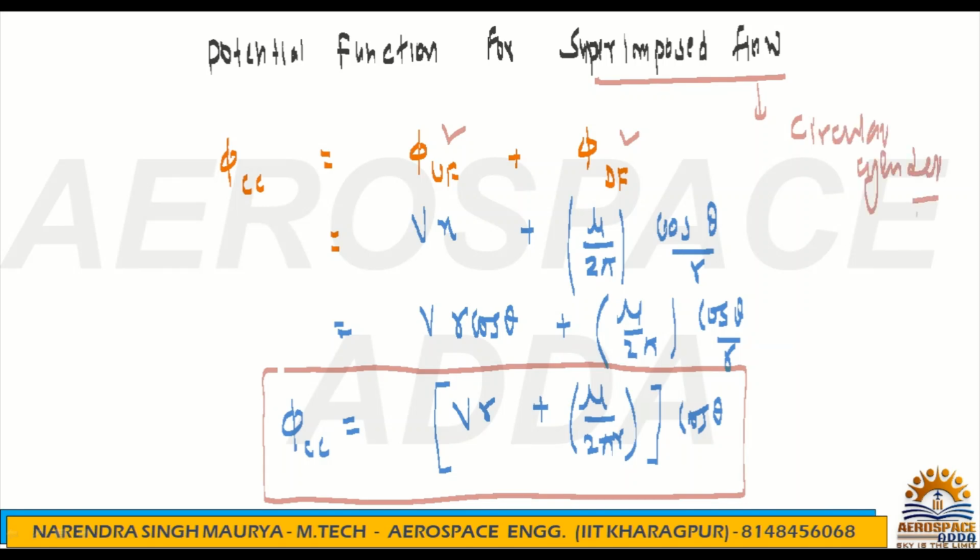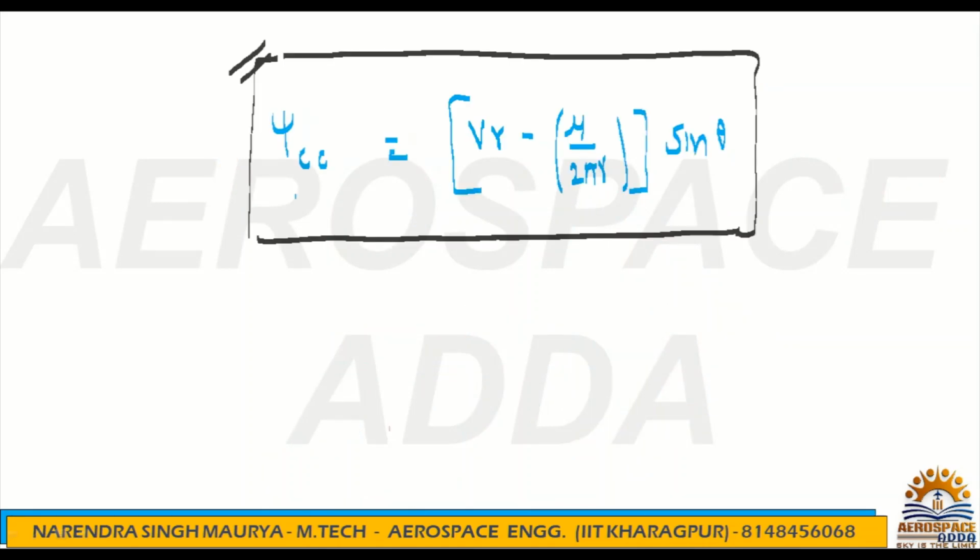Once you superimpose this, what do you get? A circular cylinder. So this is the potential function for the circular cylinder. Now coming to the points one by one. Coming to the stream function first, which passes through the stagnation point, and we have already taken the psi value: psi = V r minus mu upon 2 pi r, sine theta.